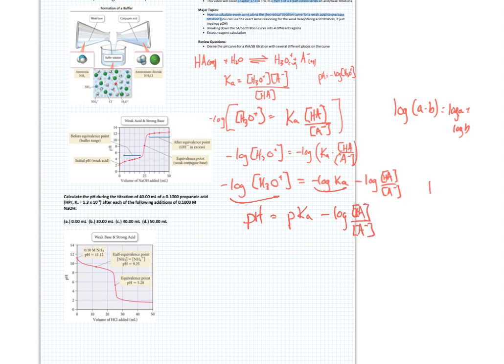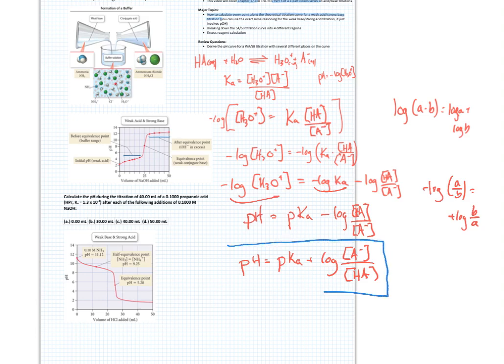Another property of logs, negative log of A divided by B is equal to the plus log of B divided by A. So we're just going to flip this around. pH equals pKa plus the log of A minus divided by HA. This equation is going to be your best friend in any type of buffer reaction. This is called the Henderson-Hasselbalch equation.